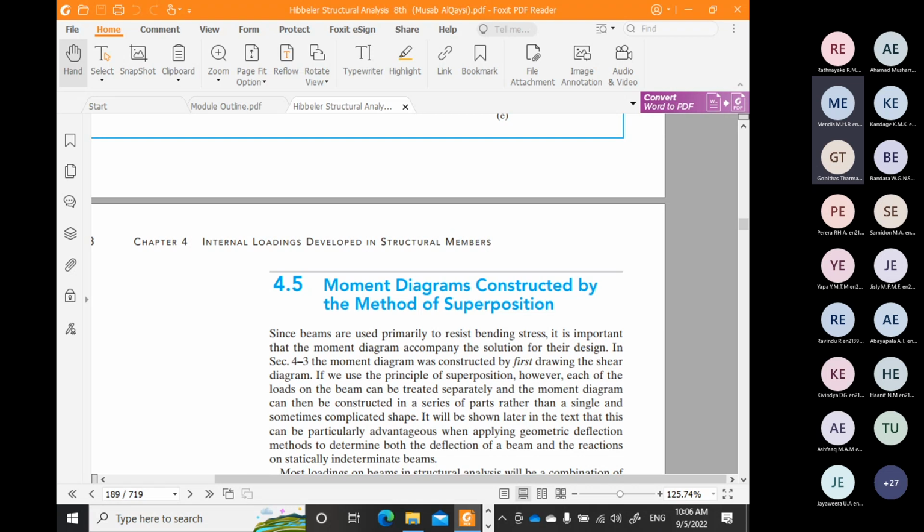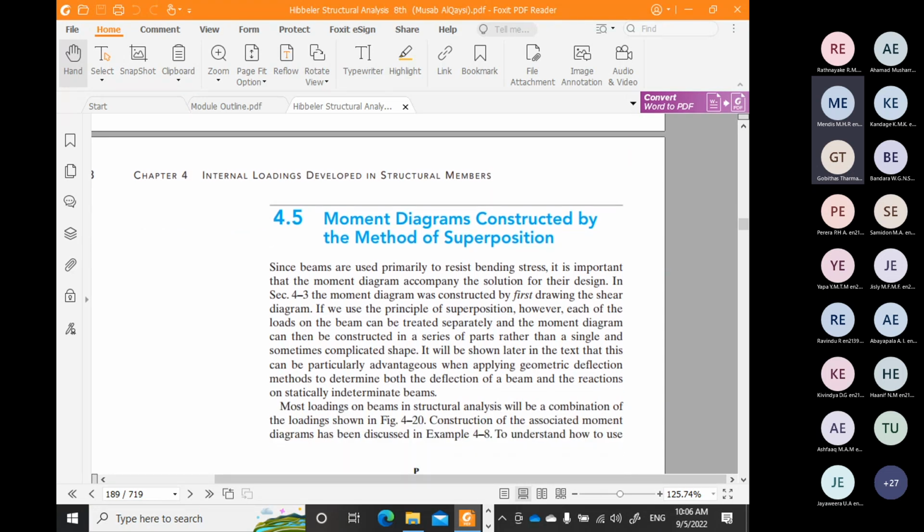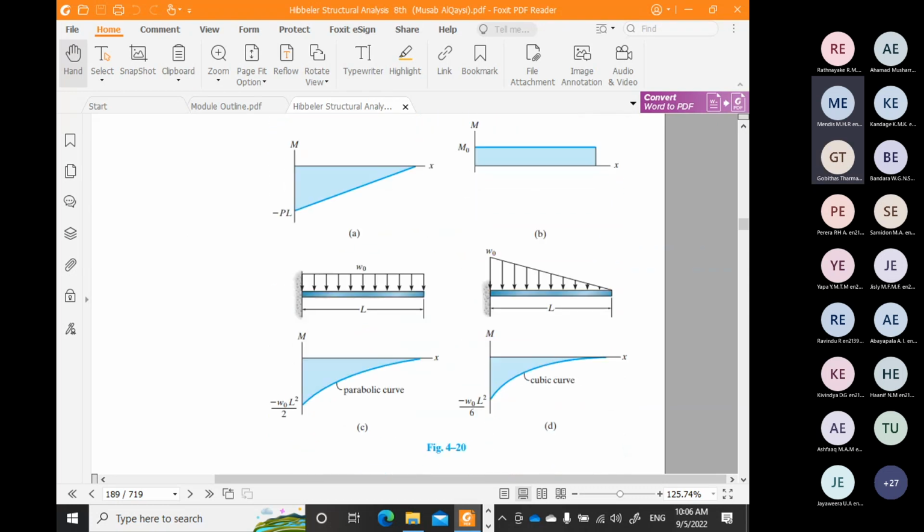So once you plot the bending moment and shear force diagram for the inclined column and the beam separately, you put together, and that's the bending moment and shear force diagram for the frame.